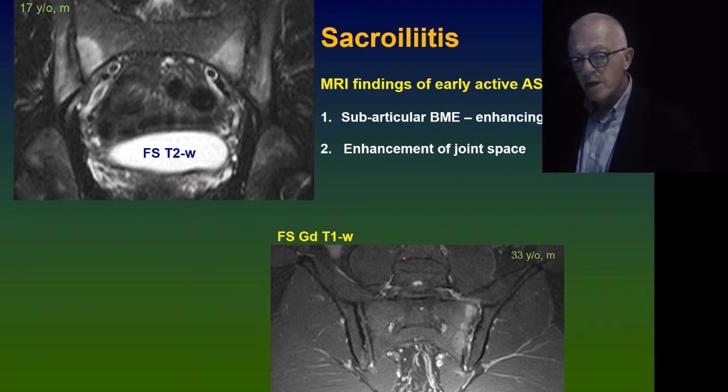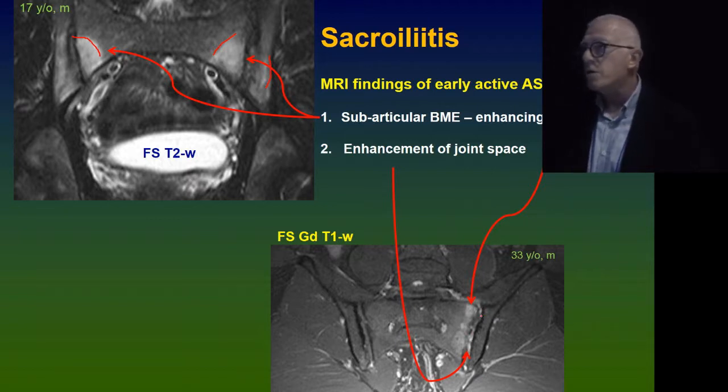Another patient, 17 years old, you see extensive areas of bone marrow edema on both sides of the joints. And in another patient, 33-year-old, we see on one side, and also we see enhancement of the ligamentous part and the synovial part of the joint.